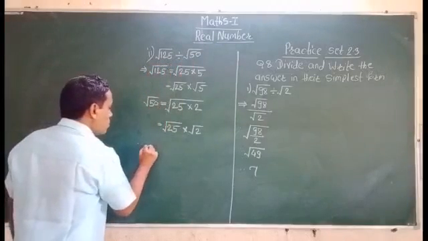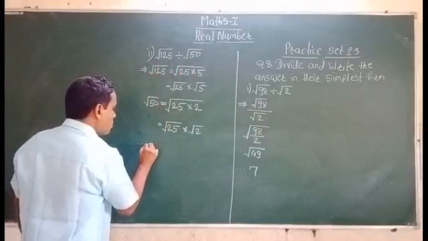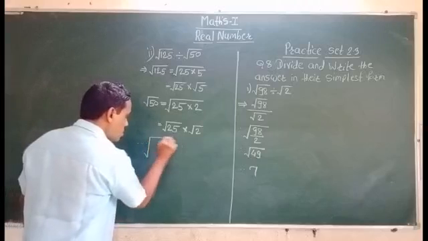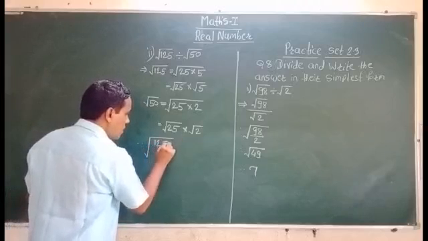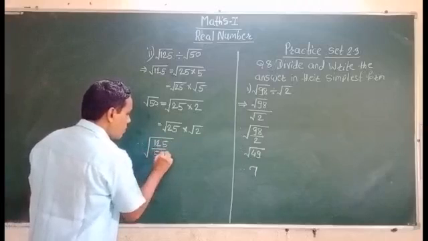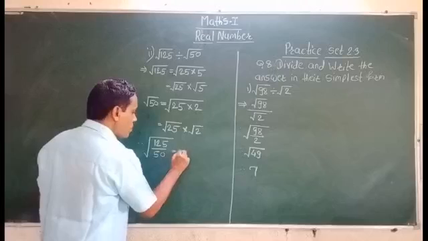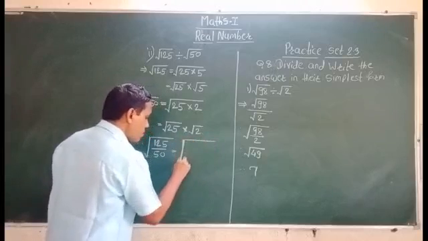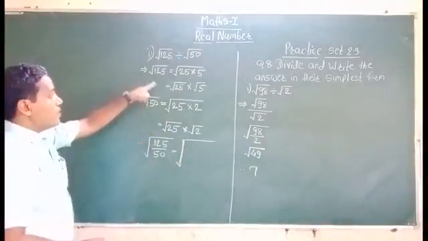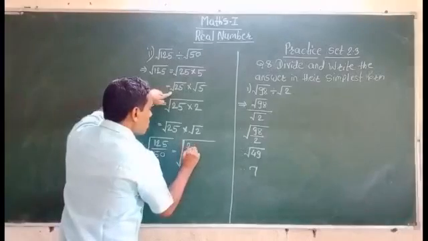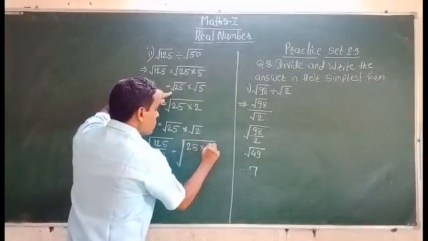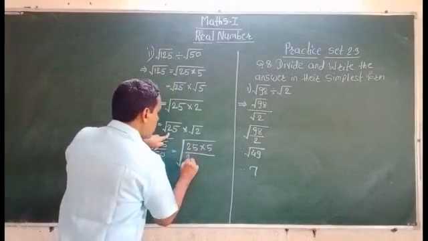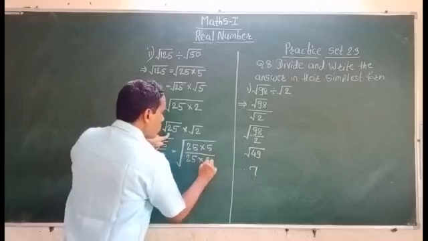So we have divided them, surd 125 divided by surd 50. In surds, 125 is split up as 25 into 5, divided by surd 50, which is split up as 25 into 2.